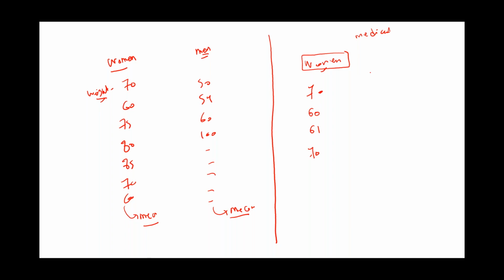After a few months, I repeated the same measurement for the same women, the same group. So they're the same people. And the new weight for the same 5 women is less: 60, 45, 45. This is called the paired t-test, or dependent t-test.